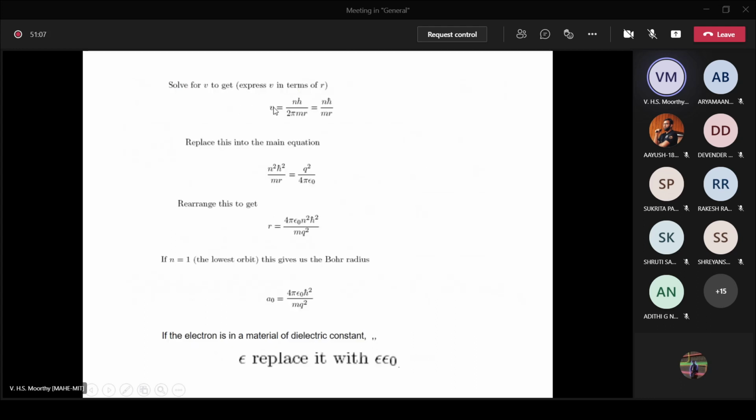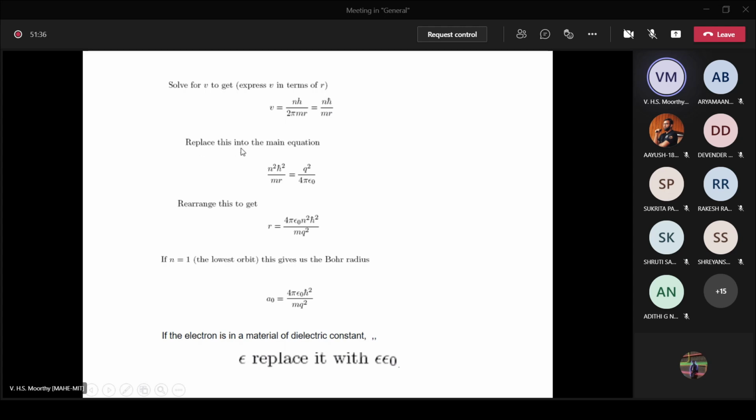So solving for v, I hope you can do this by yourself. v means velocity, is equal to n h by 2 pi m r, which is n h cross by m r. h cross is h by 2 pi, which is called the reduced Planck's constant. So v is n h cross by m r, where r is the radius of the orbital.